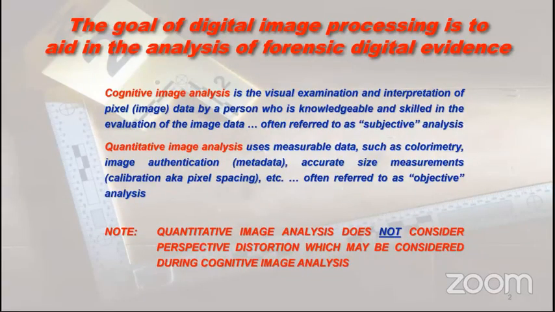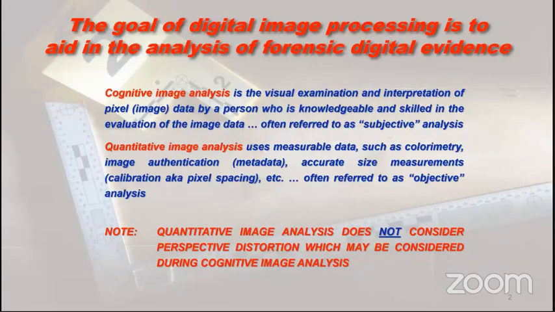A lot of people also refer to this as scientific analysis, especially in forensic disciplines. The only problem with cognitive image analysis is that it is subjective, because it is how you interpret the data, and that can have many different meanings depending upon whether, as the old saying goes, you are having a good hair day or a bad hair day.